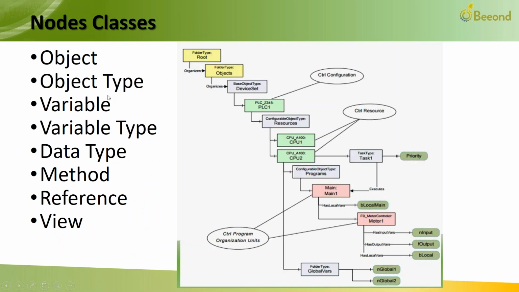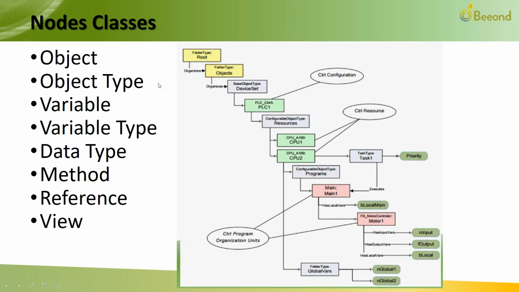Here you see the node classes, which is the second attribute in the list that we saw before. Your base node might be an object or its type, a variable or its type, a data type, a method, a reference, and a view.